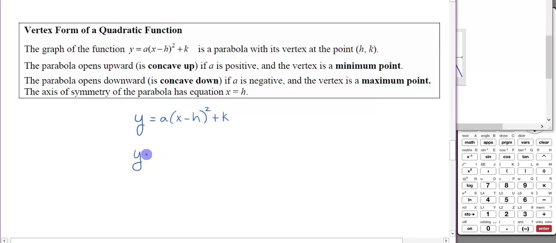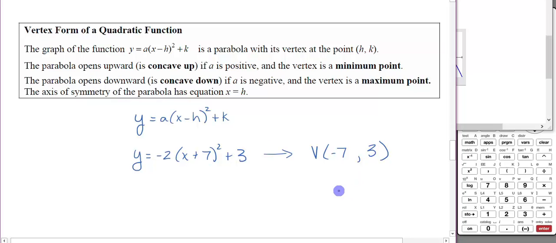For example, if I had y equals negative 2 times x plus 7 quantity squared plus 3, then our vertex is the number that's being subtracted from x. So what number is being subtracted from x? It's a plus 7, so it must be a negative 7 that was being subtracted from x. If it was x minus negative 7, then that makes it an x plus 7 after simplification inside the parentheses. And the number that's tacked onto the end is the y part of the vertex.